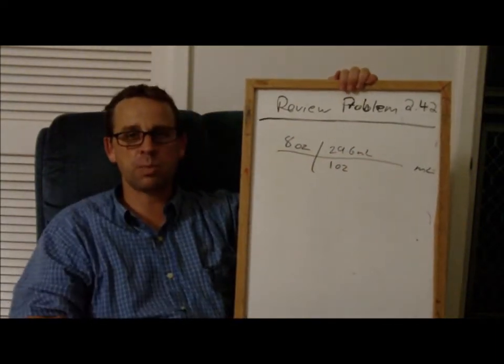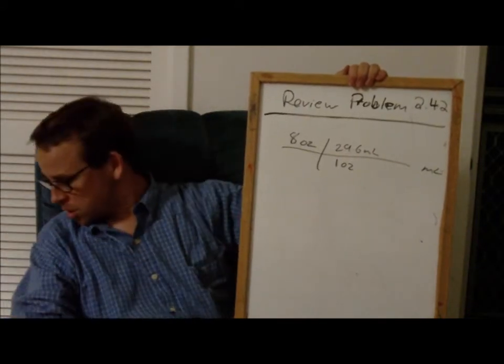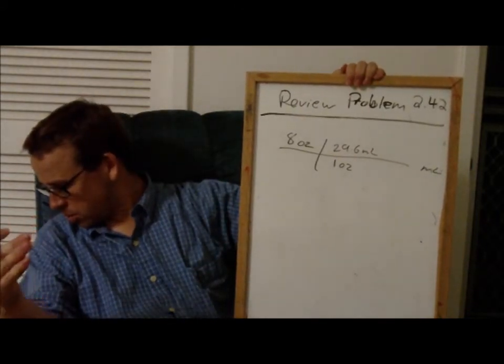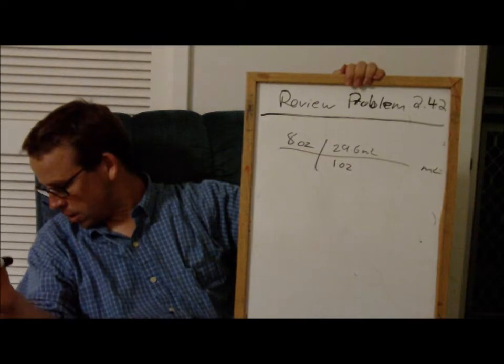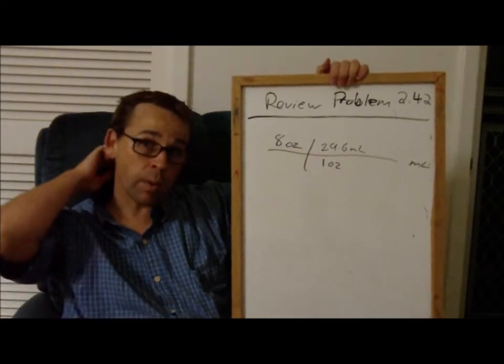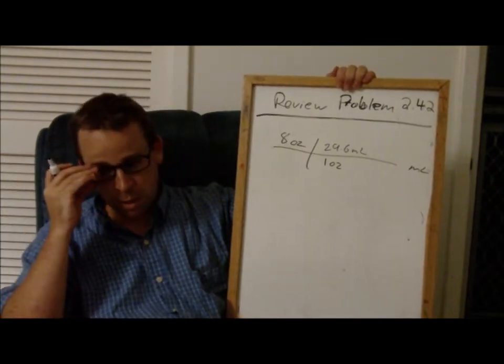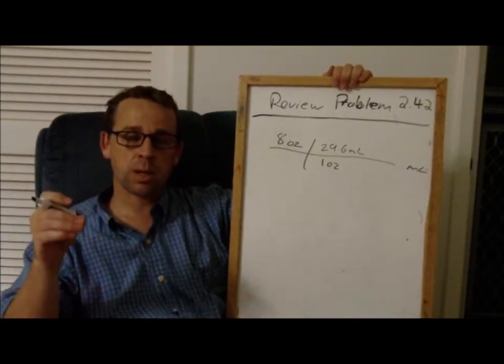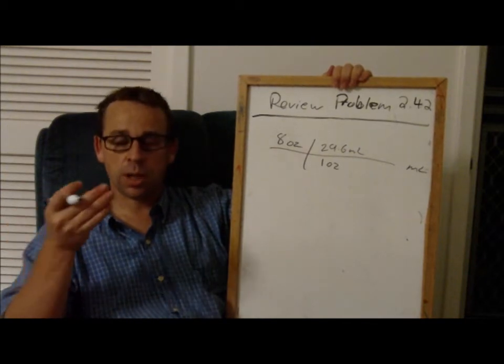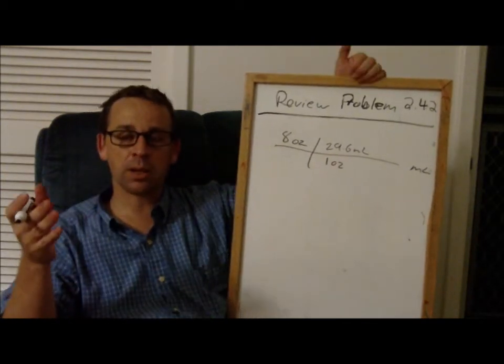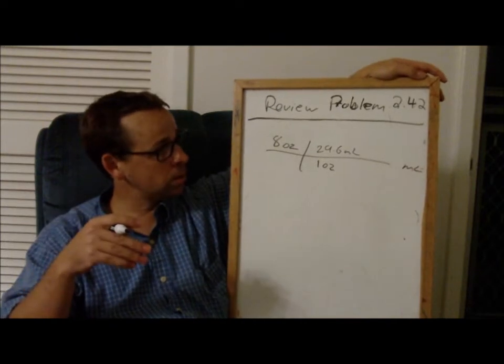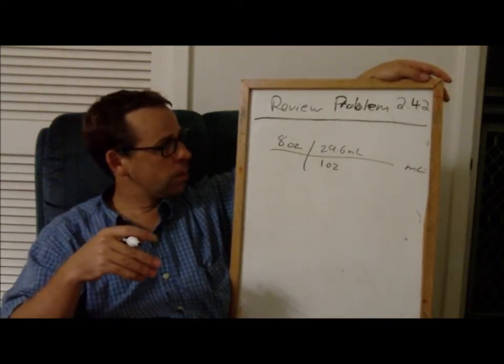Now, I'm not going to expect you to memorize these ounces to milliliters, quarts to milliliters, gallons to liters, ounces to grams, miles to kilometers, and all that. The one that I want you to memorize, because it will help you significantly in a lot of different ways, is 2.54 centimeters for every inch. Okay? If you just remember that one, that'll get you a lot of the way for a lot of the problems.